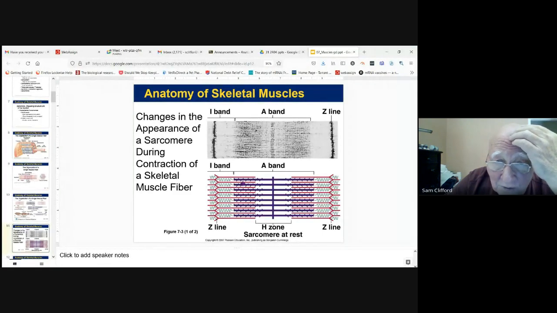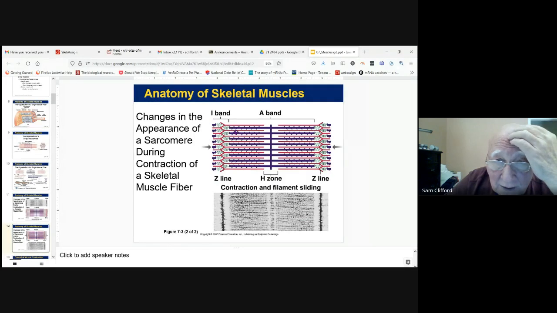Once the muscle contracts, you can see that the actin has been pulled into the center of the sarcomere, and the whole sarcomere has contracted. And the I bands are much smaller, the A band is the same distance, but the contraction of the sarcomere happens when the myosin pulls the actin into the center of the sarcomere.